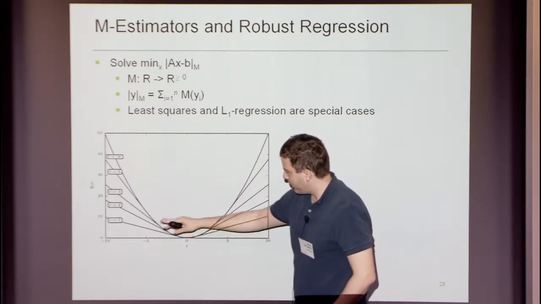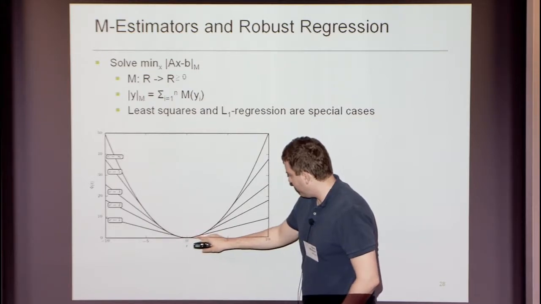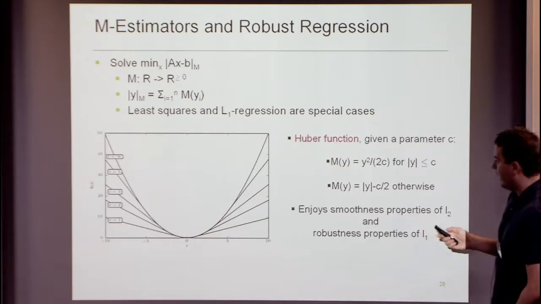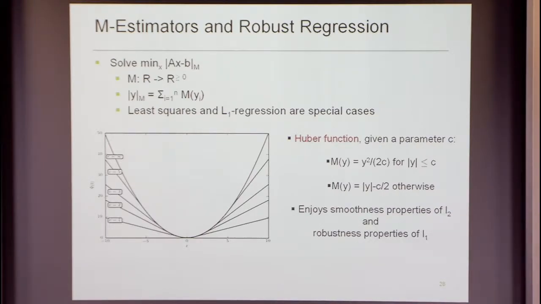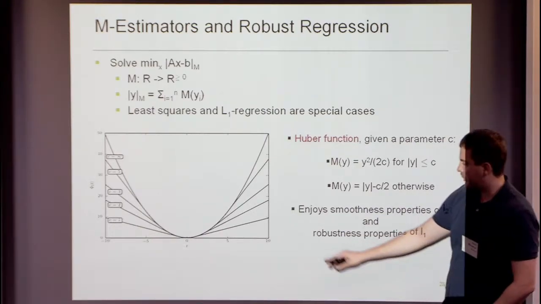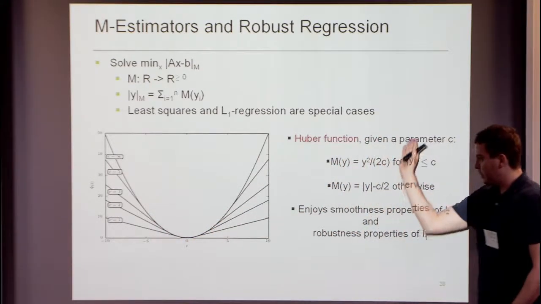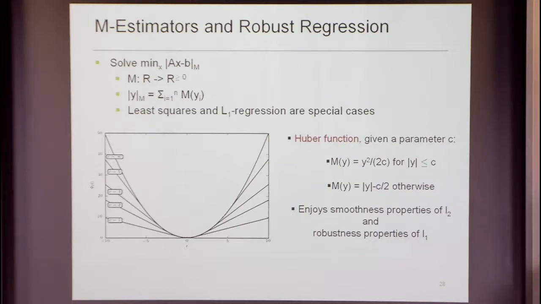There's a parameter you can choose for when you flip from L2 to L1. One nice thing about the Huber function is that it enjoys the smoothness properties of L2 close to the origin, and it also enjoys the robustness properties of L1, so it behaves like L1 for outliers.